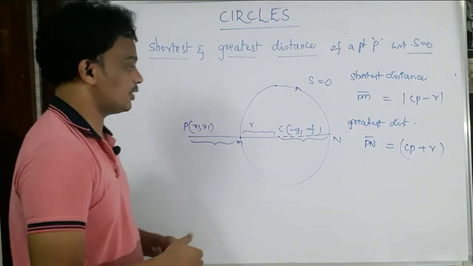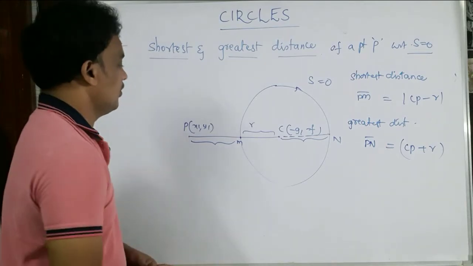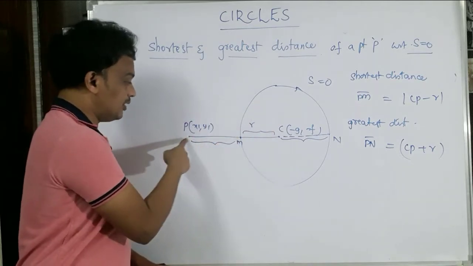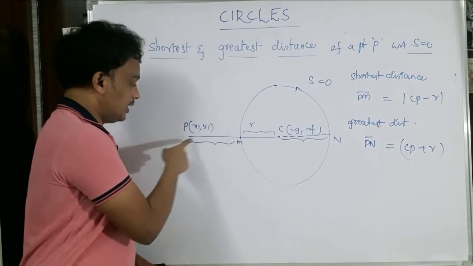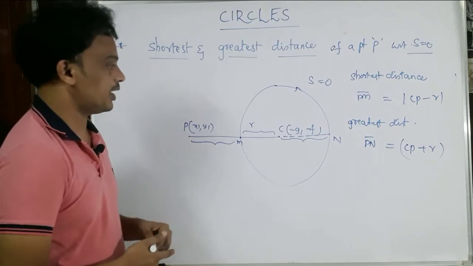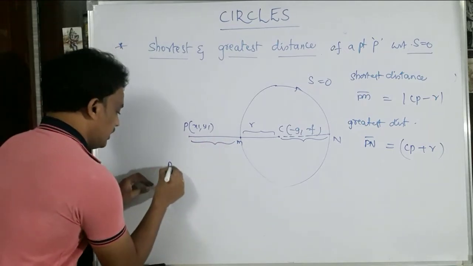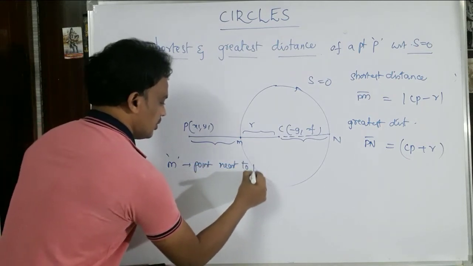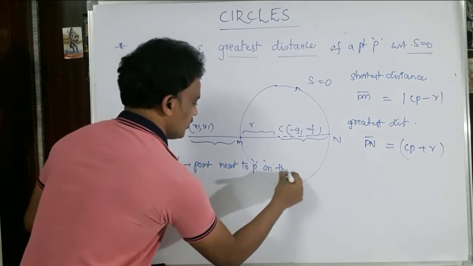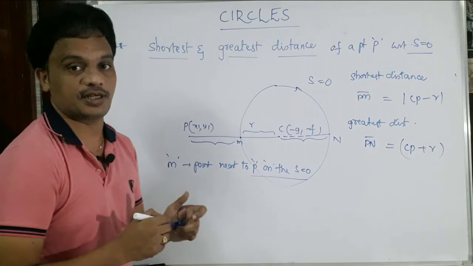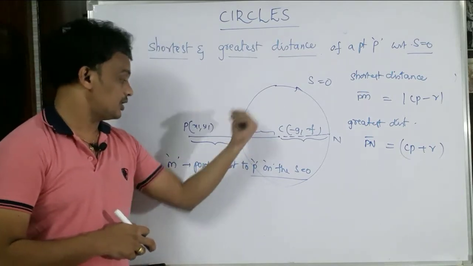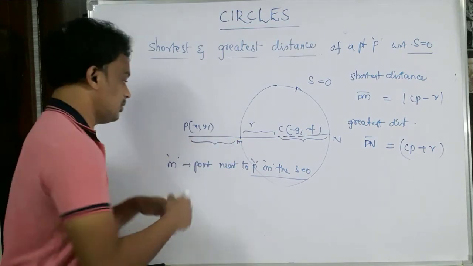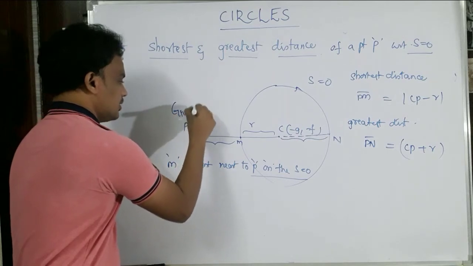Okay, and from this we will get one more very important concept. Please listen: find the point on the circle S equals 0 which is nearer to the given point. That means they are asking about the point M, which is a point nearer to the point P and on the circle. They ask the question like this, all of you listen. Find the point on the circle which is nearer to the given point P. First of all, P is the given point, right or not?